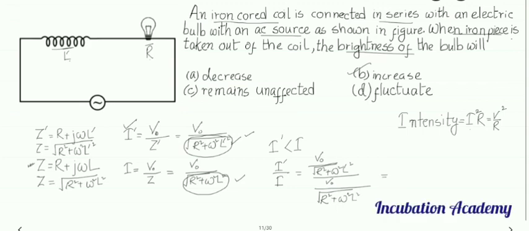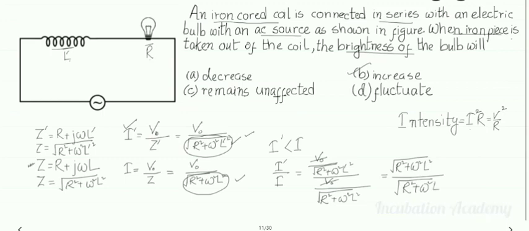The V naught cancels out, and this becomes root over of R square plus omega square L square divided by root over of R square plus omega square L prime square.